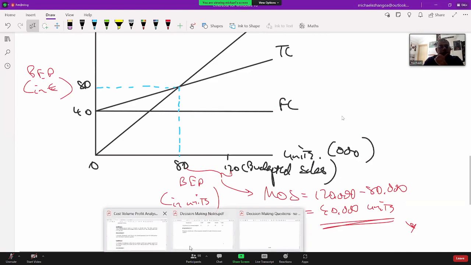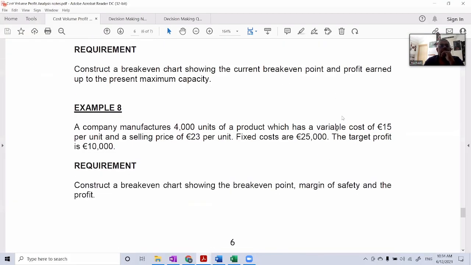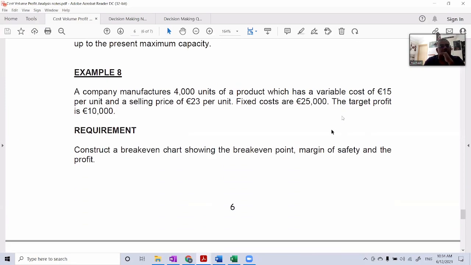We are looking at example 8. It says a company manufactures 4,000 units of a product with a variable cost of 15 euro per unit. Selling price 23, fixed cost 25,000. Target profit is 10,000. Construct a break-even chart showing the break-even point, margin of safety, and the profit.